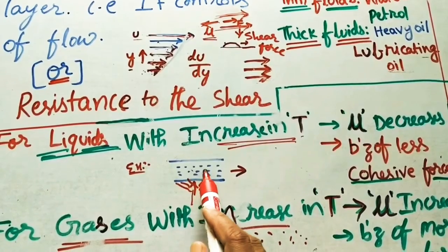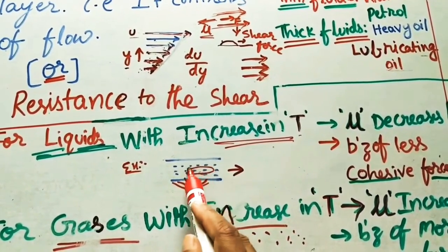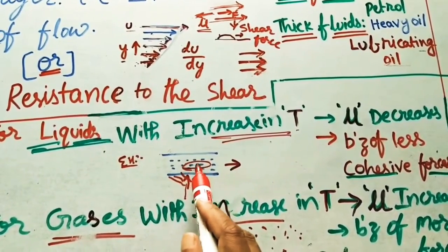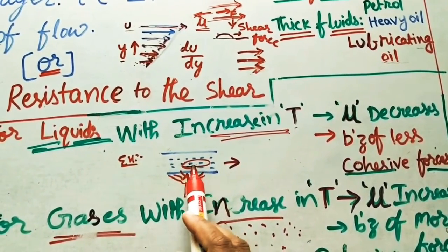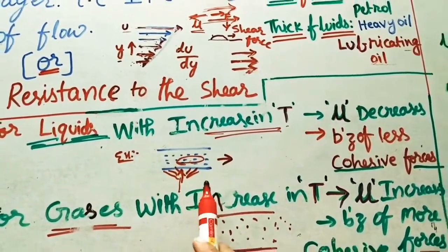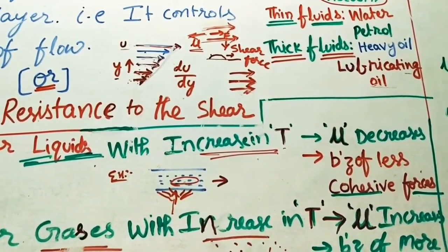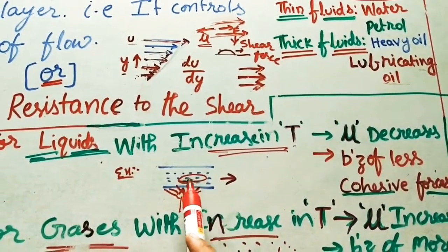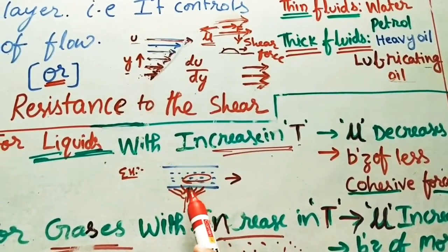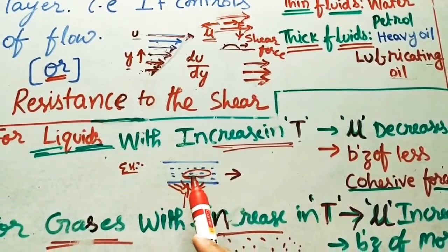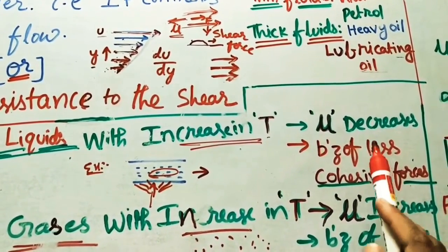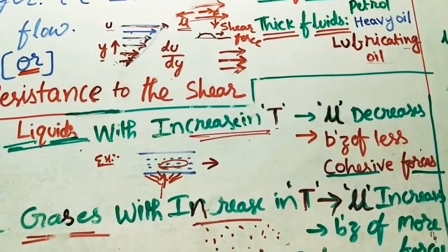Because of that energy the particles will not stay at one place, they will move with high energy. The distance between two particles or two molecules will be more. Because of it cohesive forces are less. Cohesive forces occur if the particles are near each other. Here, because of high energy they will not stay at one place, so there are less cohesive forces. Because of less cohesive forces, viscosity is also less.